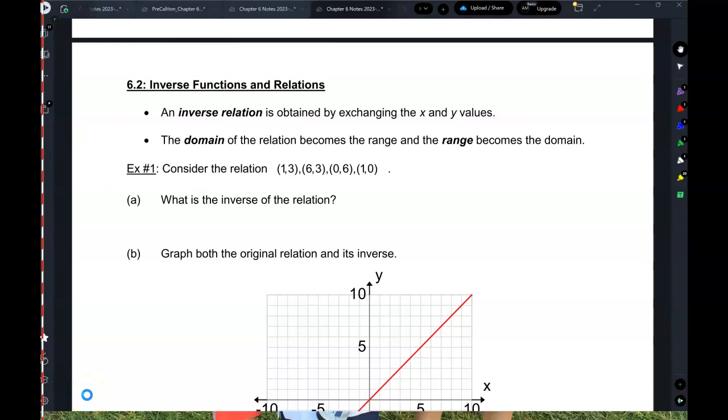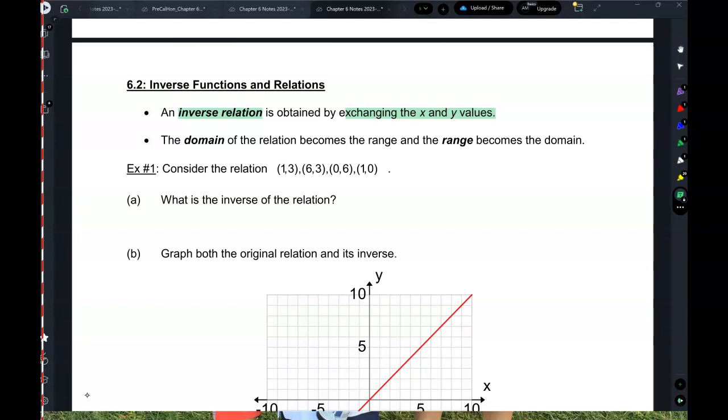Right, so inverses. If you have a relation, you find the inverse by exchanging x and y values. Literally just swap. Once you swap x's and y's, everything having to do with the x's gets switched over to everything having to do with the y's.